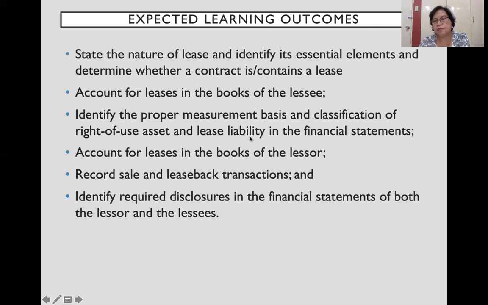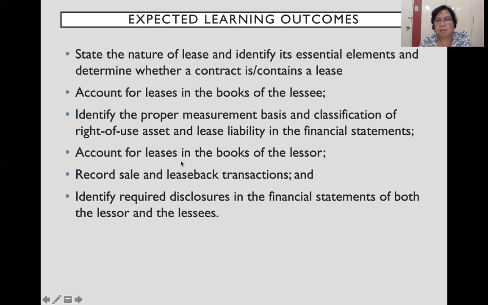In fact, after repeated exercises, you should be able already to present the right-of-use asset and the finance lease liability on the financial statements of the lessee. Also, you should present the related income and expenses relating to leases in the financial statements of the lessee.